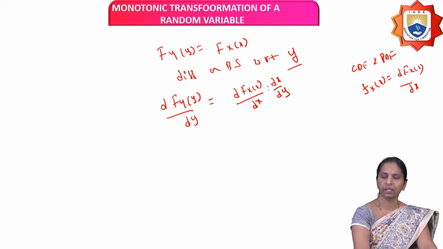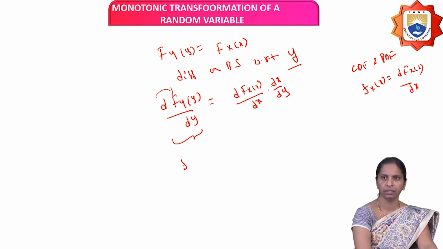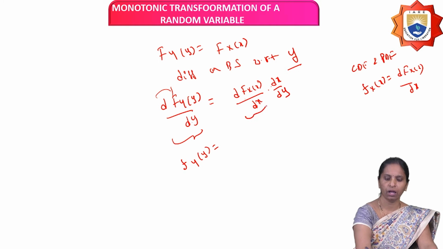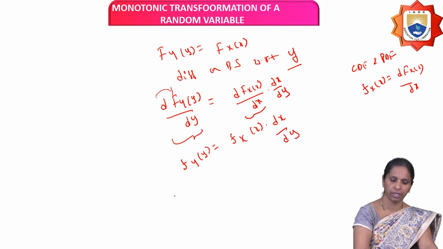Now, when you differentiate the distribution function of Y with respect to y, you get the density function of the random variable Y. So fy of y is equal to the differentiation of the distribution function of X with respect to x, which gives the density function of the random variable X, into dx by dy.